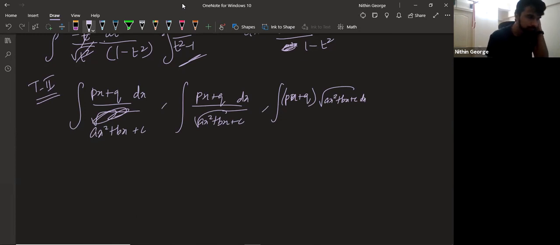So you split it into multiple parts. That's the idea. The numerator, this px plus q, is split into two parts here. Px is one part and q is the second part. You will integrate both separately. All right. So, second question.